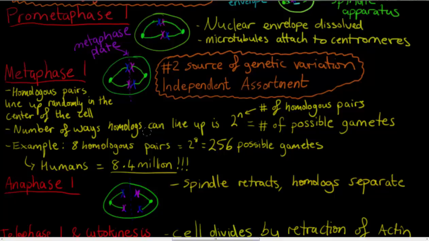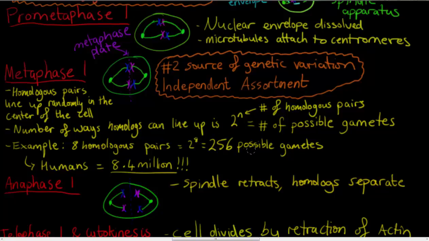And so the number of ways the homologs can line up is 2 to the power of n, where n corresponds with the number of homologous pairs. So 2 to the power of n tells you how many possible gametes there are. This is an important piece of information to remember. An example is if an organism has 8 homologous pairs, then 2 to the power of 8 is 256.